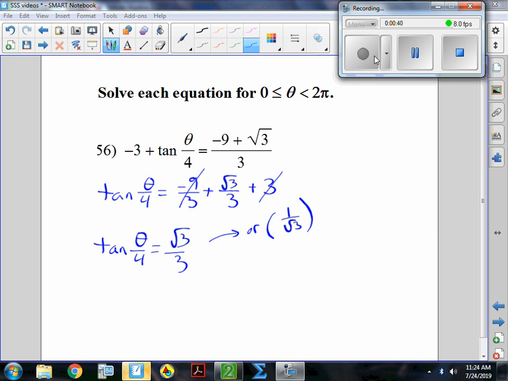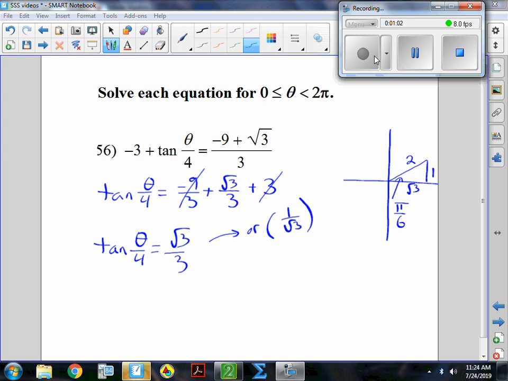So if I think about my 30, 60, 90 triangles, 1 over root 3 means there's an opposite side of 1 and an adjacent side of root 3. 1 is the small side, adjacent side root 3, hypotenuse is 2. And so this happens at 30-degree angles, or pi over 6.